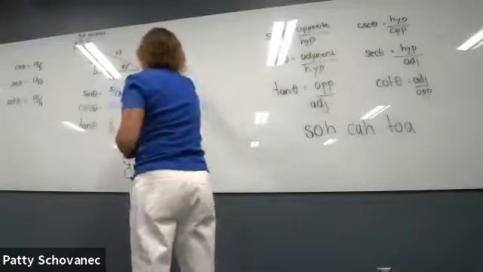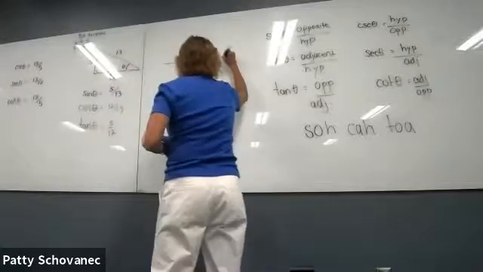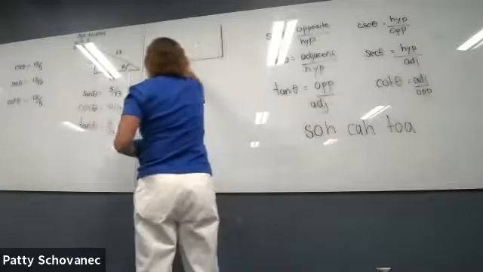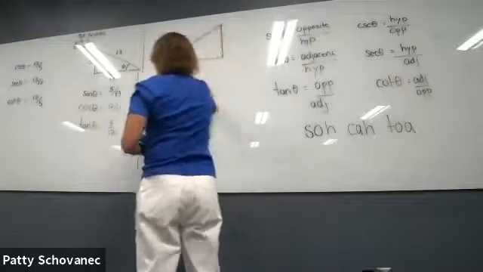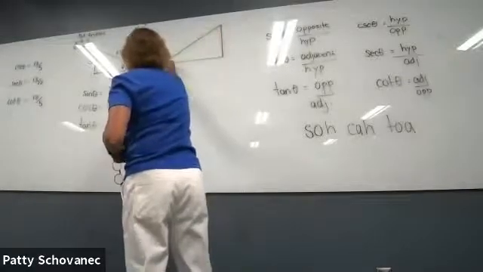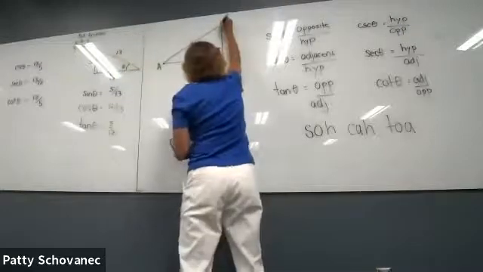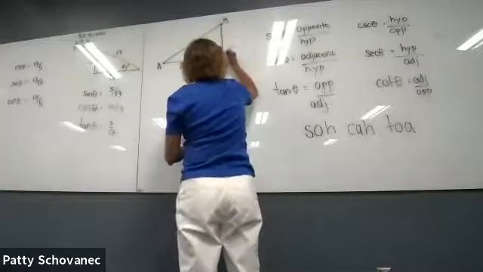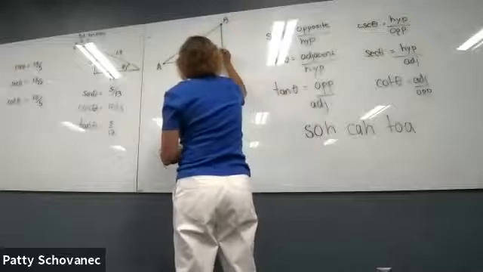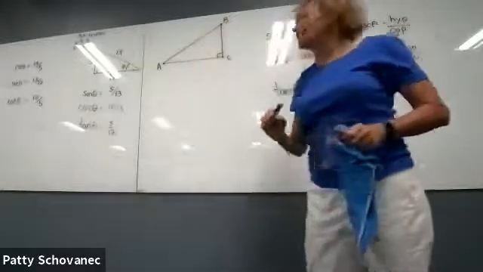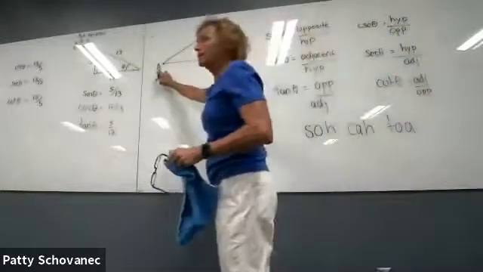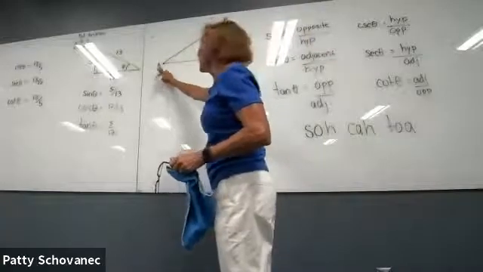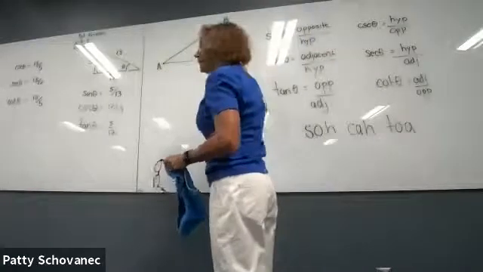I'll draw it this way. So let's call this vertex A, this one up here vertex B, and put the right angle at vertex C. And let's call the side opposite vertex A little a.